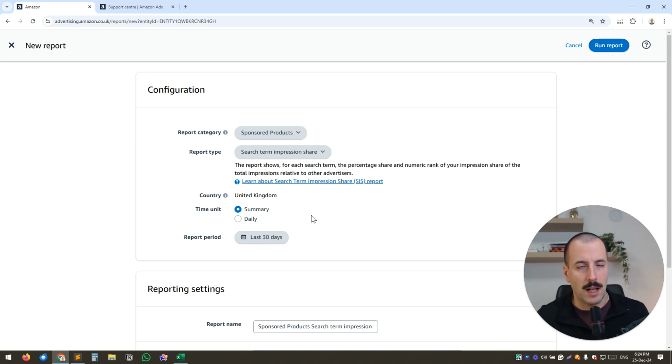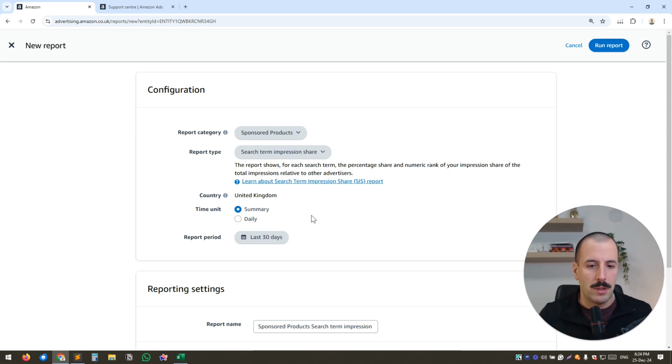Now, unlike the other reports, this is a really important decision. Go and create each one of these and then analyze the data, see the difference, and see which one of these two time units reflects better for you.